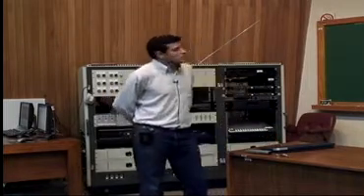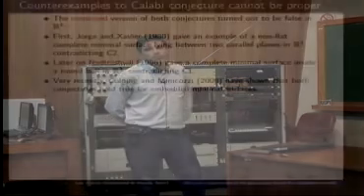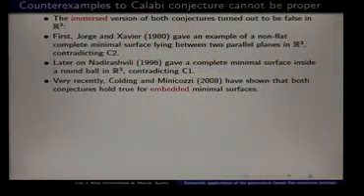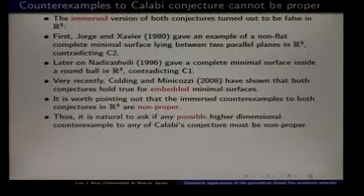Very recently, Colding and Minicozzi have shown that both conjectures hold true for embedded minimal surfaces in R^3. It's worth pointing out that the immersed counterexamples to both conjectures above are non-proper. So it's natural to ask if any possible higher dimensional counterexample to any of Calabi's conjectures must be non-proper.